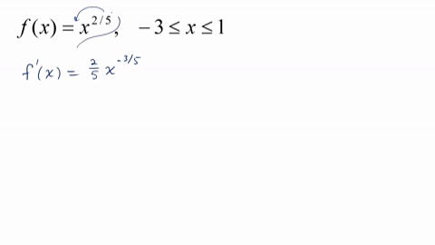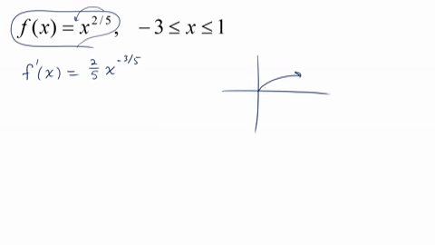If we take a look at the graph of f, it looks something like such, and as you can see, there's a cusp at x equals 0. So there is a place where the derivative does not exist, and x equals 0 is in this interval.